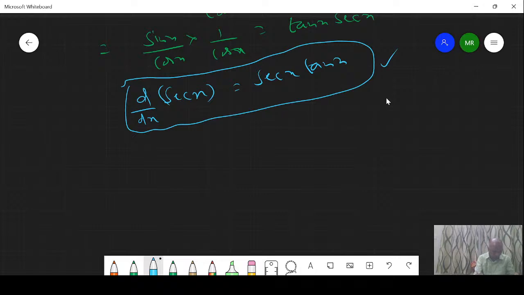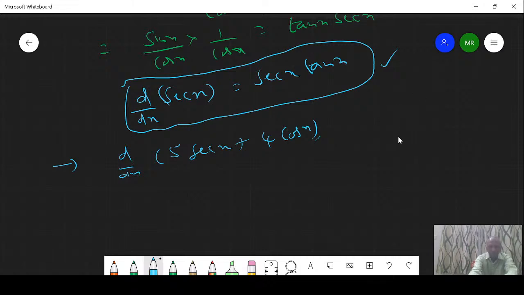The next one. What am I doing next? d by dx of 5 secant x plus 4 cos x. They are asking for 5 secant x plus 4 cos x.